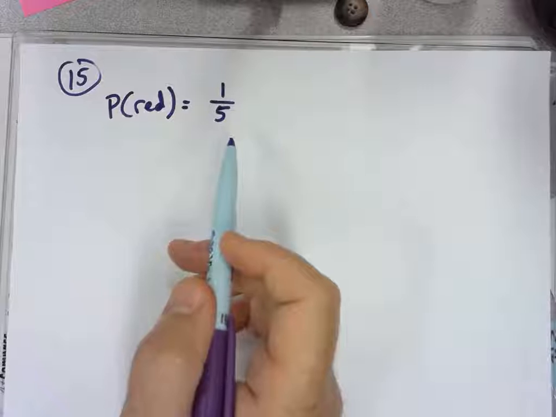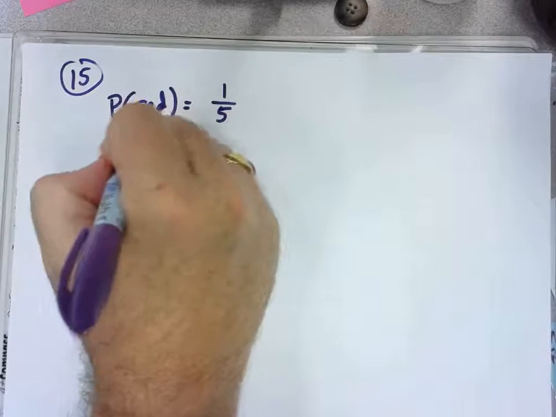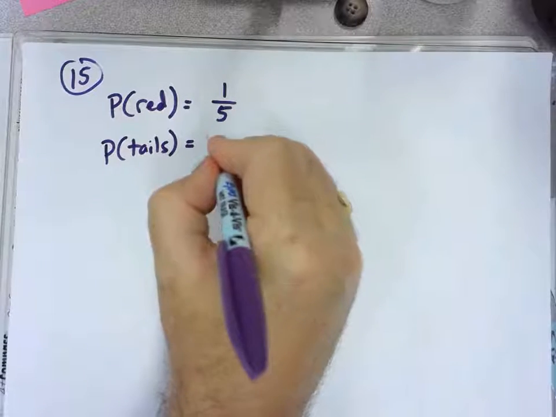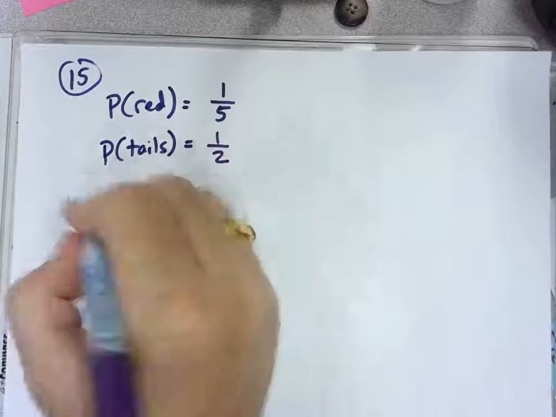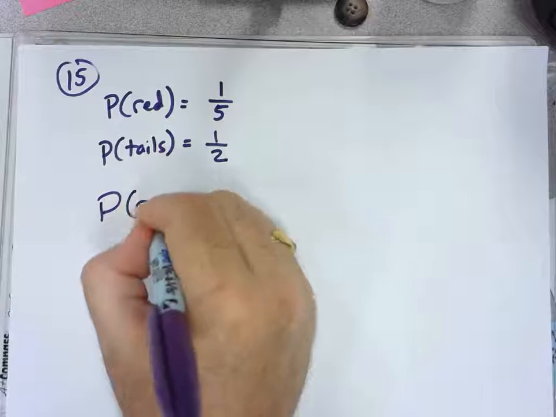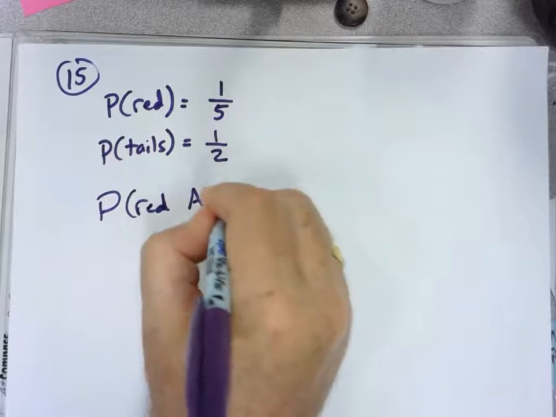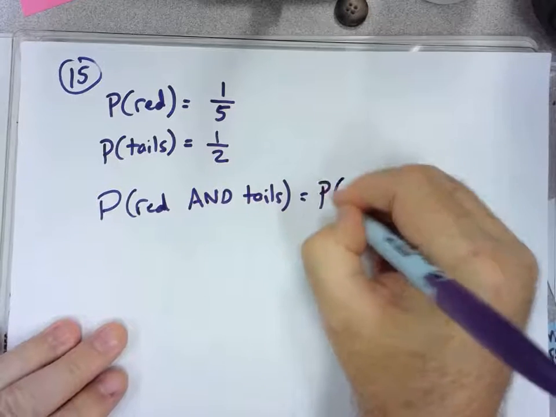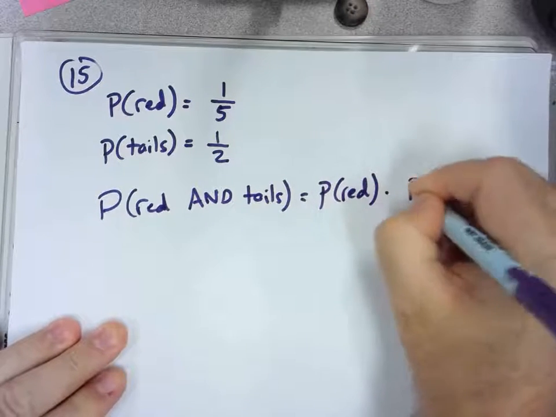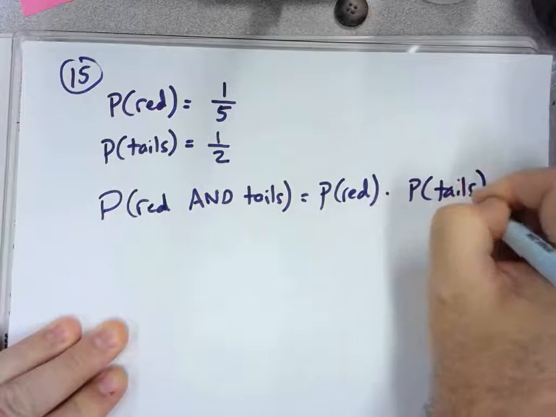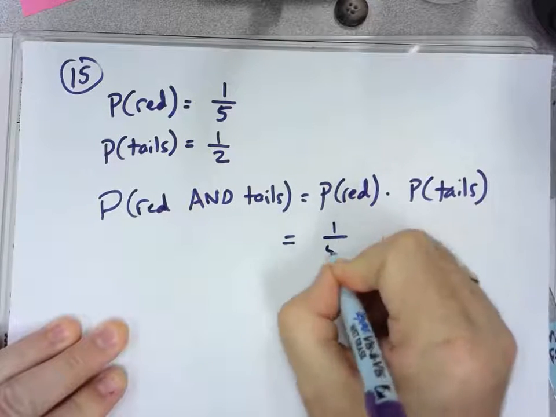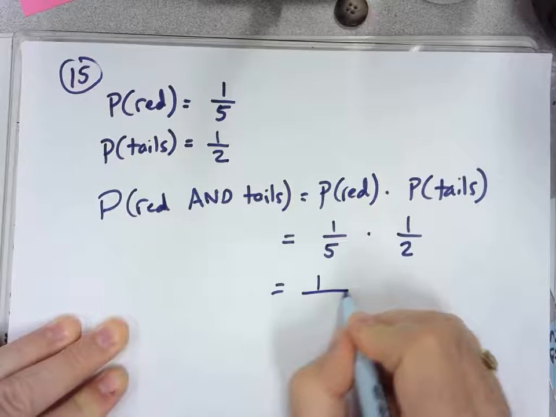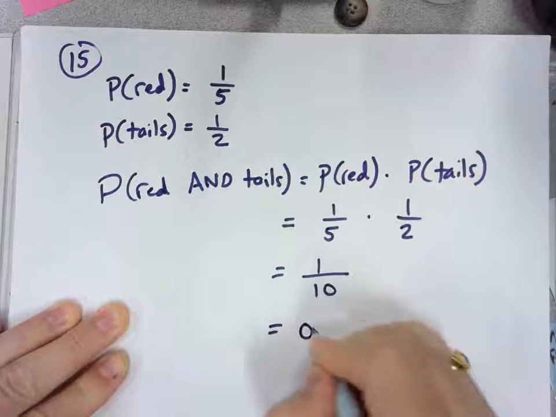The probability of tails is what? 1/2. So the probability that I would get red and tails is just the probability of red times the probability of tails, which is 1/5 times 1/2, which is 1/10, which is 0.10.